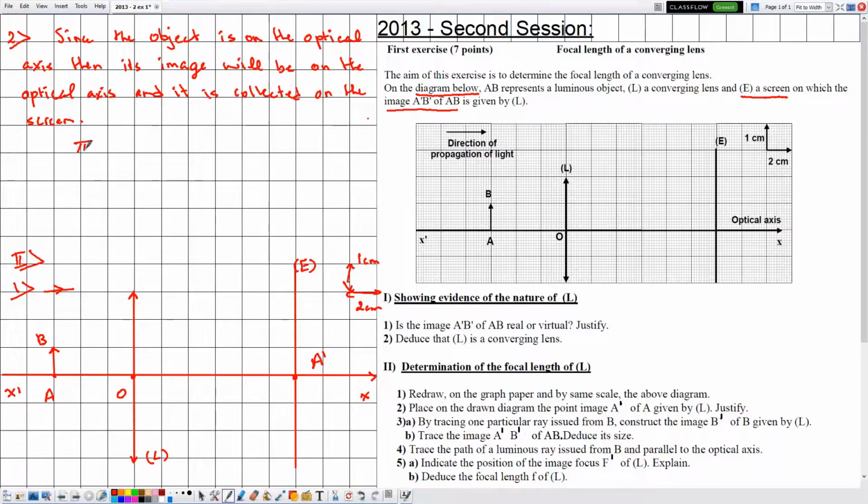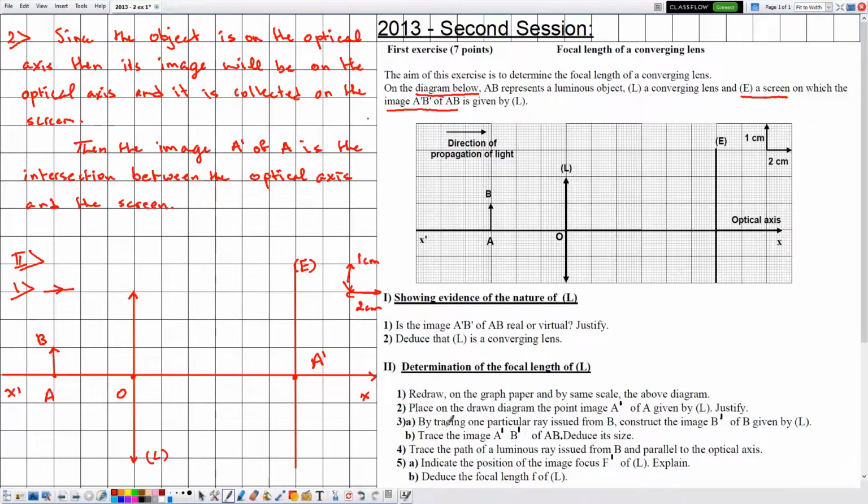For this reason, then the image A prime of A is the intersection between the optical axis and the screen.